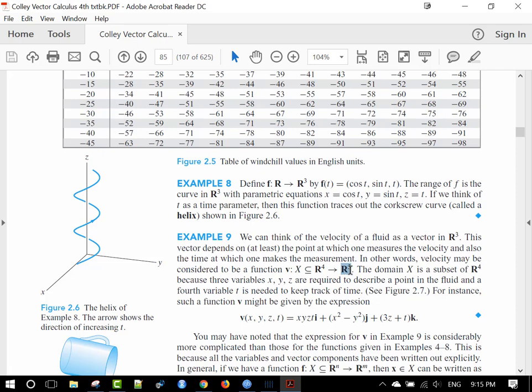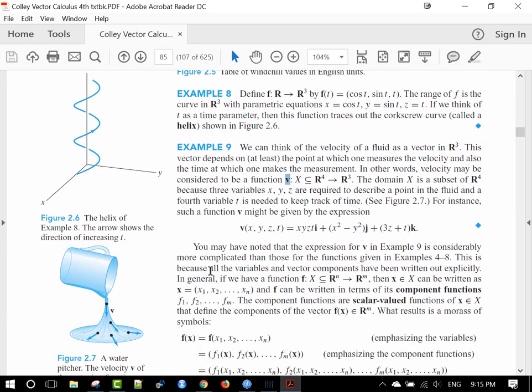So we need the i component of the velocity, the j component, and the k component. So this is a vector valued function, velocity, from R4 to R3. And this could be an example.